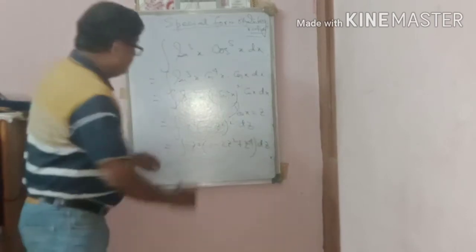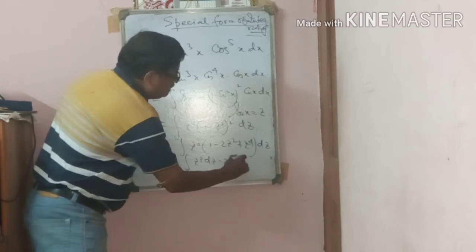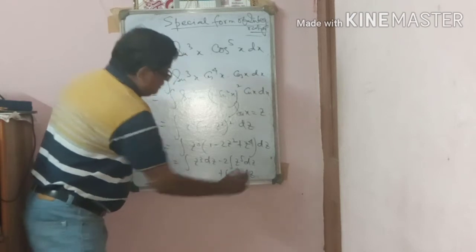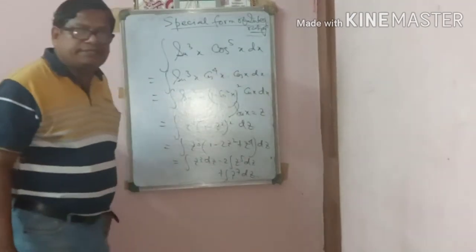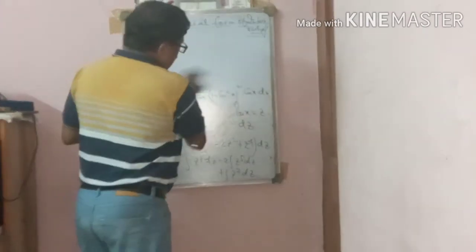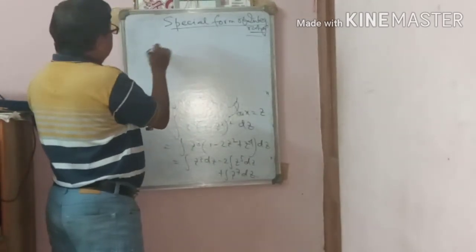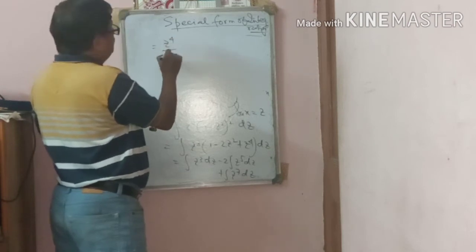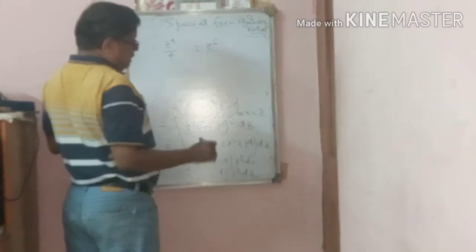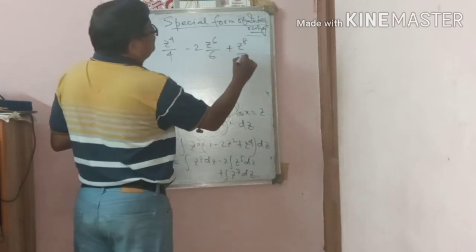So write z cube (1 minus 2z square plus z to the power 4) dz. Multiply it: z cube dz minus 2 z to the power 5 dz plus z to the power 7 dz. Now we know this will be z to the power 4 by 4 minus 2 z to the power 6 by 6 plus z to the power 8 by 8 plus c.